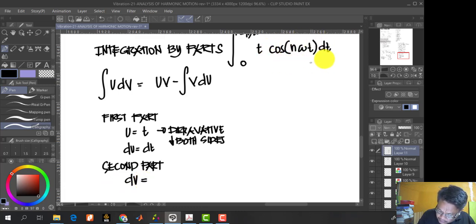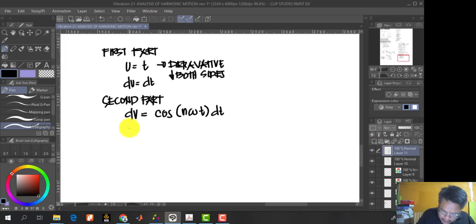So again, we have this one for the second part. So this is equal to cosine n angular velocity times time, and we have your dt, no? So let's integrate this one. So integrating both sides. So I'm gonna write here para you can follow along. Integrating both sides yan.